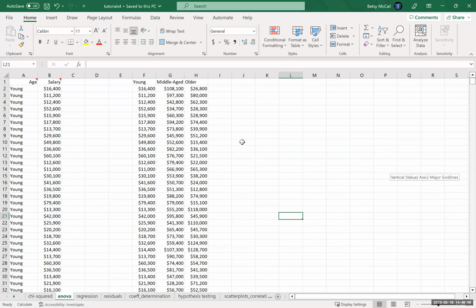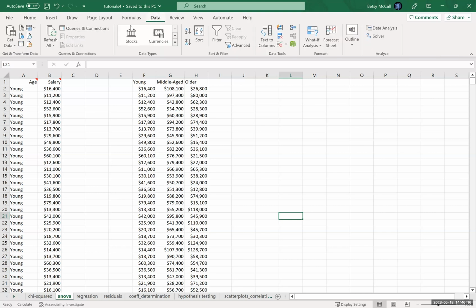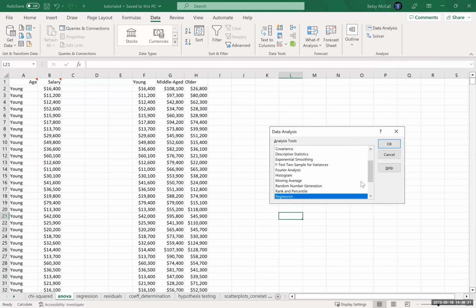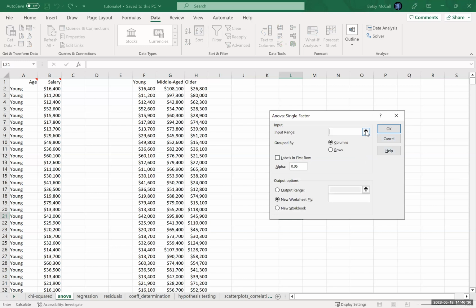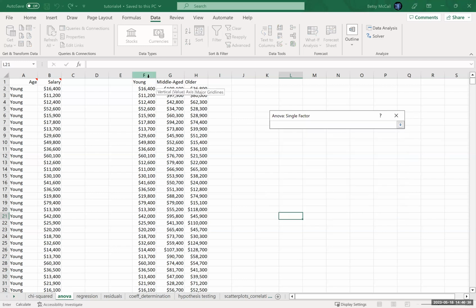Now, the formulas are quite complicated to do by hand, so we're going to let the data analysis toolpack do this analysis for us. If we go to Data and then select Data Analysis, assuming you have your toolpack installed, we're going to go to ANOVA: Single Factor. Single factor is the same thing as one-way ANOVA. And we're going to select OK. For the input range, we can't just highlight the columns.